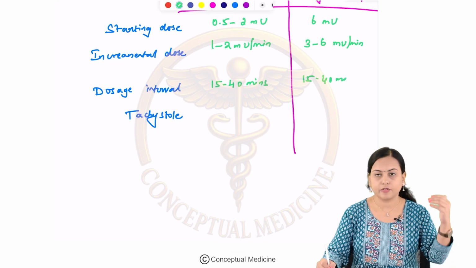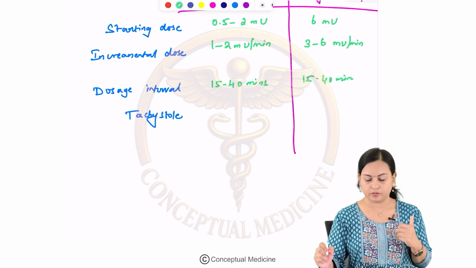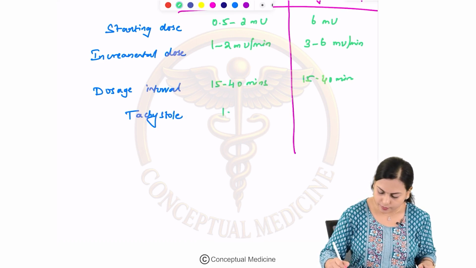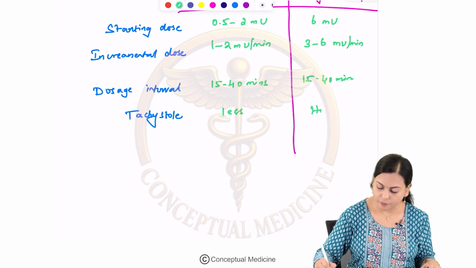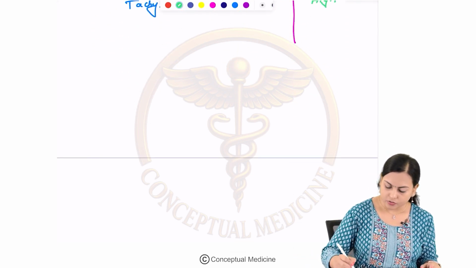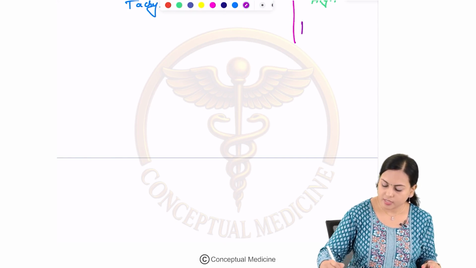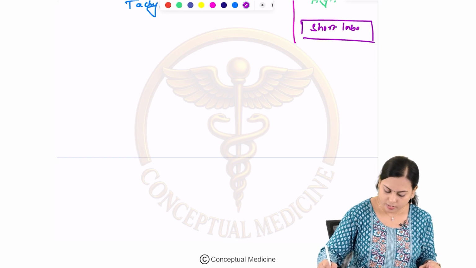So that is every 15 to 40 minutes you have to check for the contractions and you have to increase the dose of oxytocin. Tachysystole will be less in case of low dose regimen, and obviously it will be more in the case of high dose regimen. The advantage is that it may be associated with a short labor.